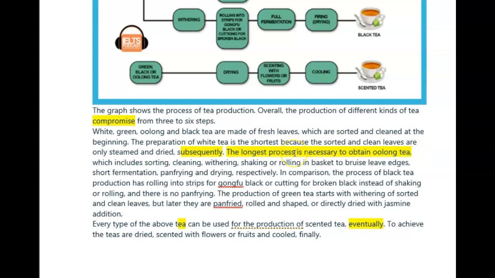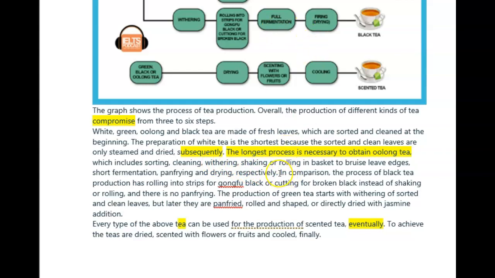So we're changing process. We're just slightly moving that. I think it's a bit cleaner. So making that into a verb necessitates the longest production, which includes, then you can carry on to bruise the leaf edges. Yeah. Short fermentation, respectively. Yes, good. So you're telling me all the processes, which is really, really nicely done.